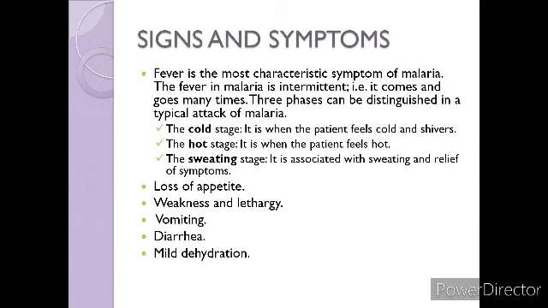Or we can say this is a state in which the baby or the patient is too weak. Then another sign is vomiting. We have diarrhea. Then we have mild dehydration. Dehydration is the abnormal loss of water from the body.